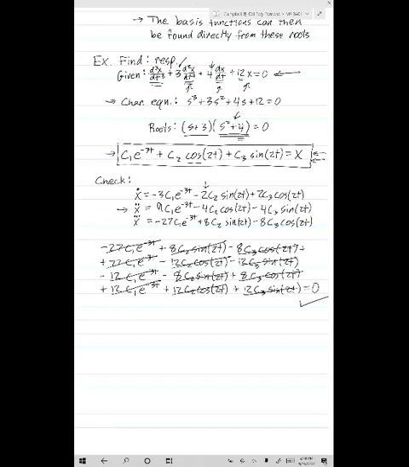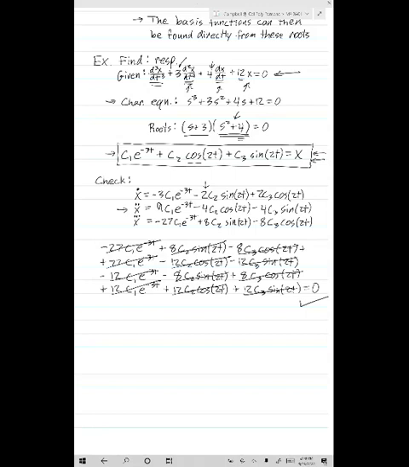As long as you're willing to find roots, we can find the roots of that particular expression, then find the individual basis functions, and then form the linear combination of those basis functions. Oh, and that's assuming the homogeneous solution.